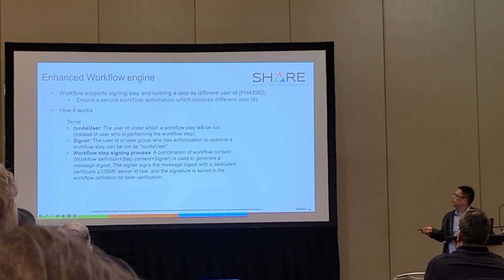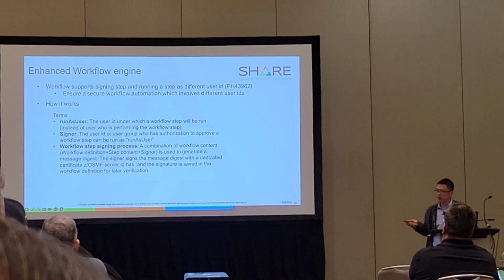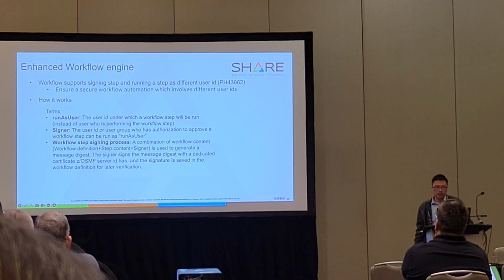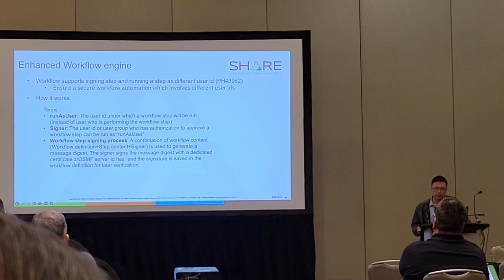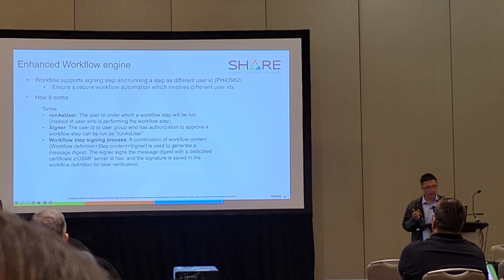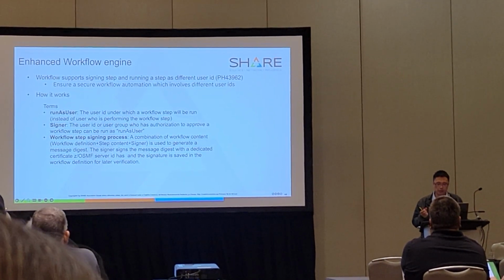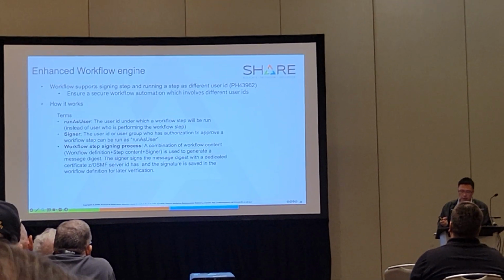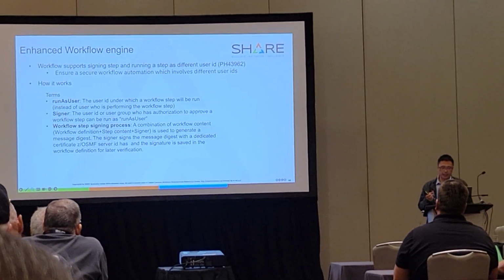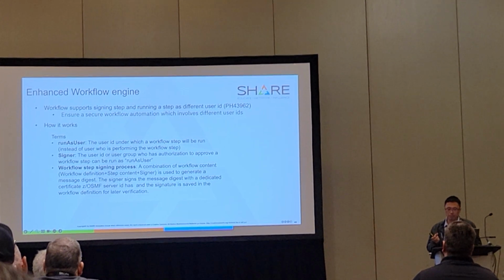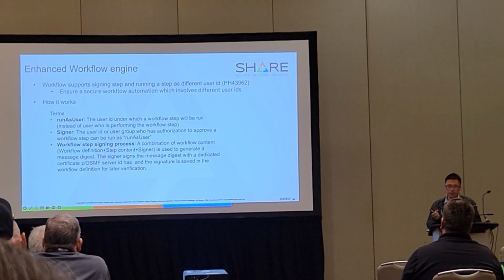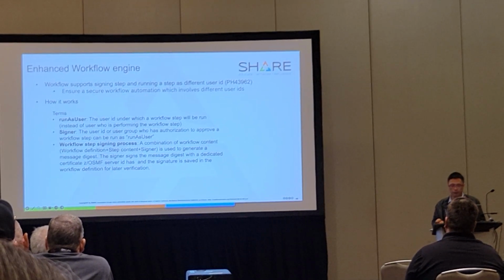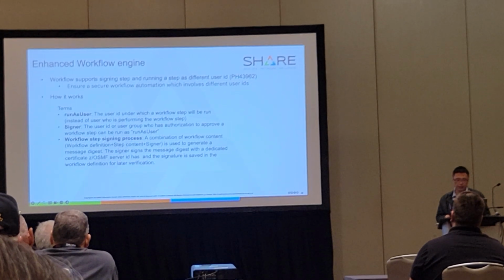And the next terminology is the workflow step signing process. That's a simple process where we generate a message digest based on the combination of workflow content, and then we use a dedicated certificate to sign the message digest and then insert the signature into the workflow definition for later verification.